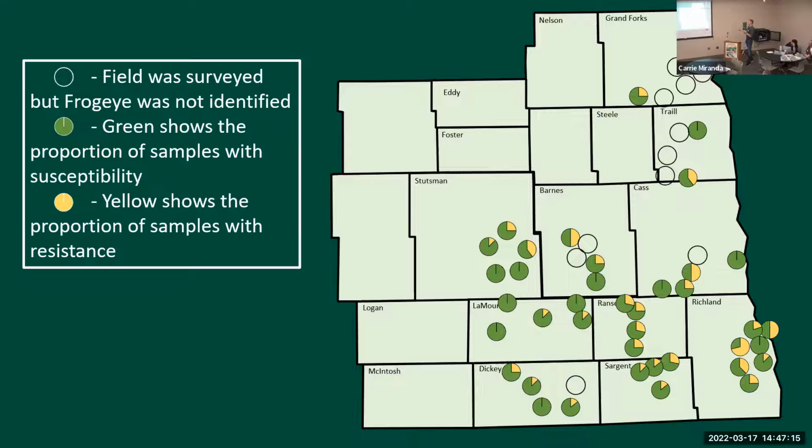Or a proportion of samples that are resistant to QOIs. And so the yellow is showing the resistant, and there's not been active management for frog eye in North Dakota. But what this is showing is that the populations moving in have already evolved resistance to certain QOI fungicides.